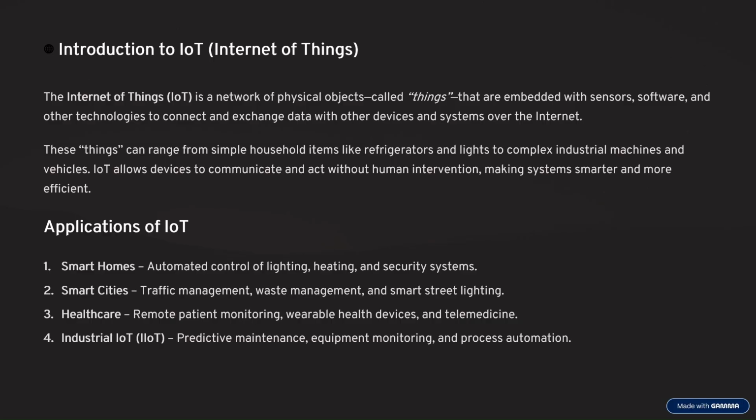And our main thing in our project is IoT. We are doing the project using this Internet of Things only. So, IoT is a network of physical objects called things, which are embedded with sensors, software, and other technologies to connect and exchange data with other devices and systems over the internet.